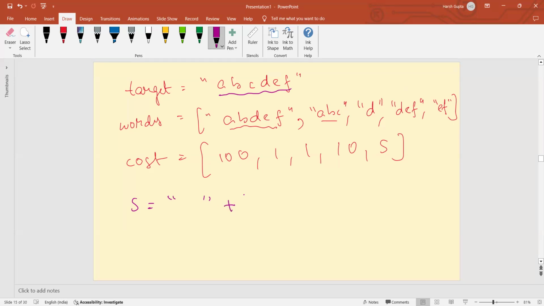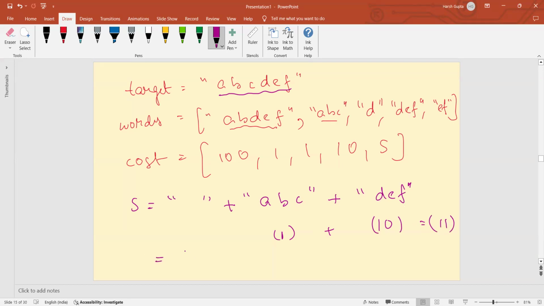So to this string S, you add ABC. Once you do so, what's the cost? The cost of adding ABC is 1. Then to this ABC, you can add this DEF. And if you do so, you will get your target string, and the total cost would be 1 plus 10, which equals 11.